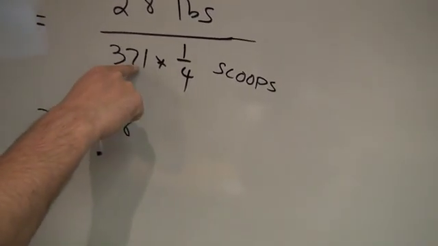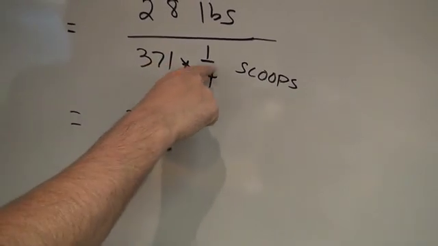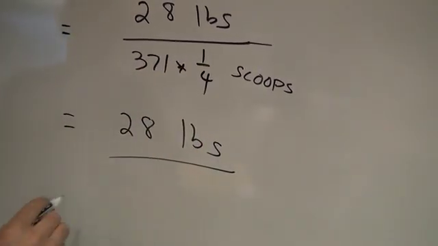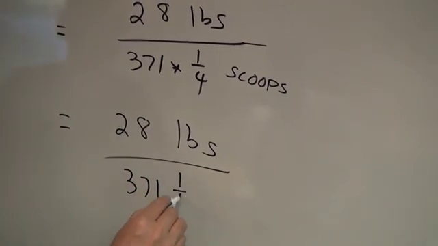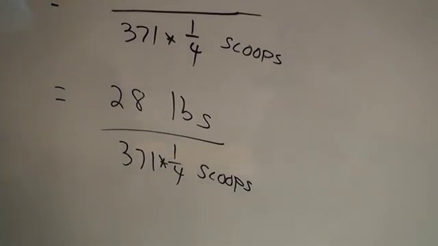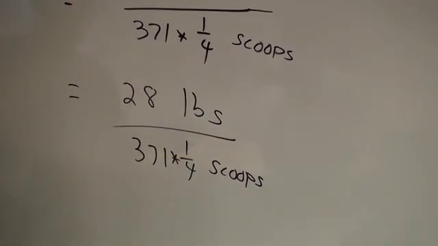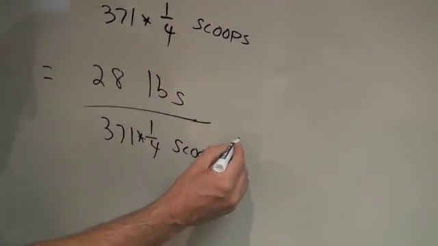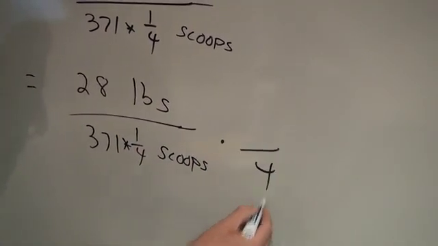So what we might think about here is that 371 quarter scoops is what that really means. Suppose instead of 371 quarter scoops, you wanted to know how many full scoops. Well, to bring this to full scoops, you would multiply those quarter scoops by 4.